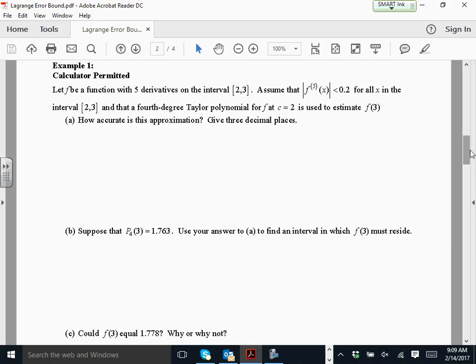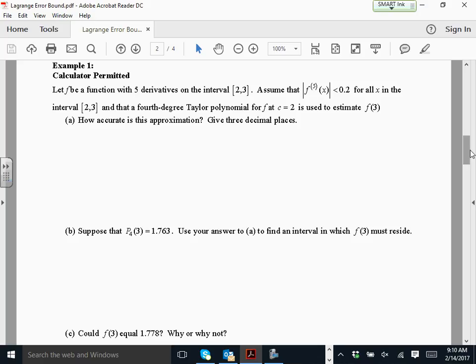We're going to look at example 1. Okay, this is one type of problem you're going to see. This one is interesting because it kind of gives you the maximum for that next derivative. All right. So we have a fifth differentiable function. So all 5 derivatives exist. That's important, right?